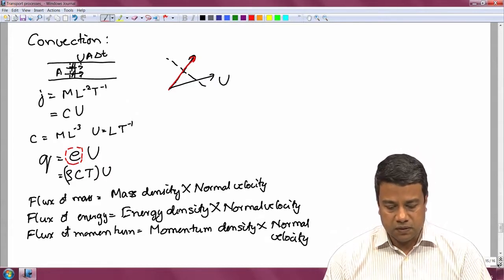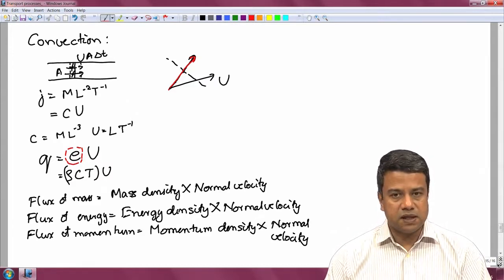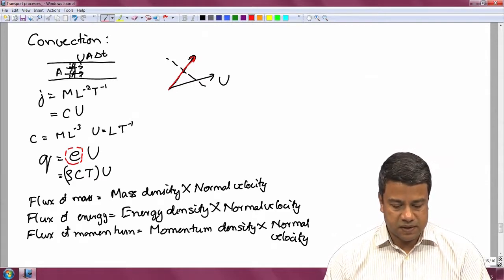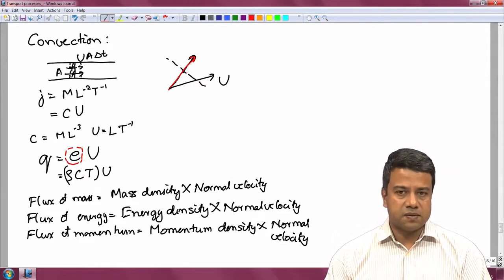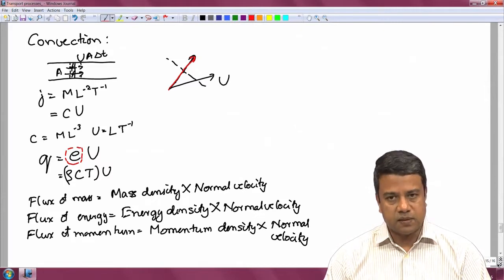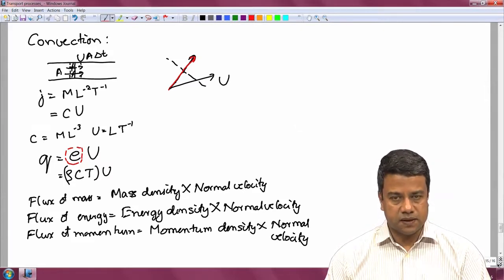So, the mass density times the velocity, that is the concentration times the velocity, the energy density times the velocity, and the momentum density times the velocity. That is convective transport.